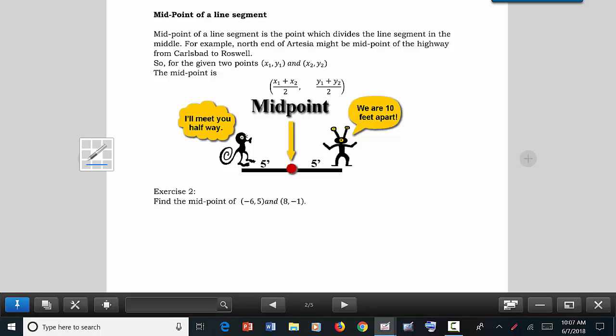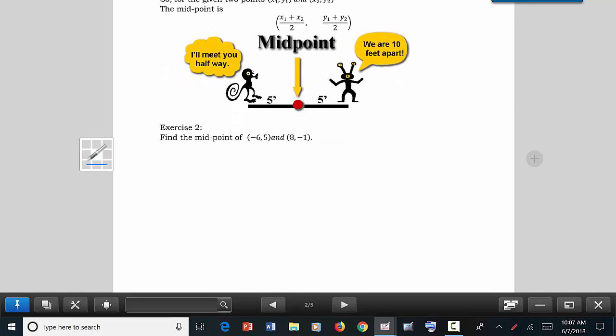So the midpoint is just the average of the coordinates. x1 plus x2, the final x, divided by 2, and y1 plus y2, the final y, divided by 2.